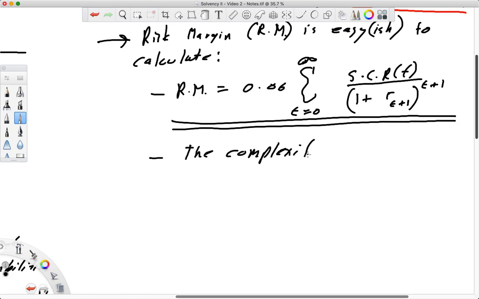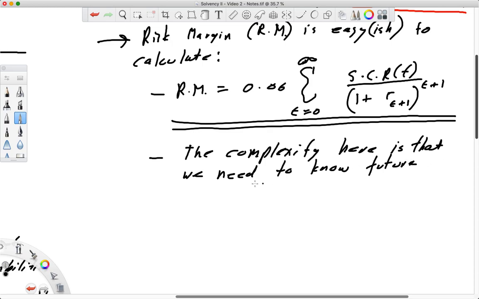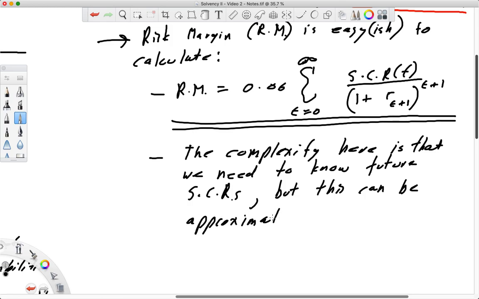The complexity here is that we need to know future SCRs, but this can be approximated.